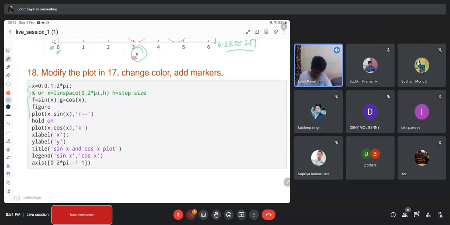Here I have specified the color, that is K. K means black, and I have not specified any marker. That means it will be a black solid line. R dash dash means red dashed line.